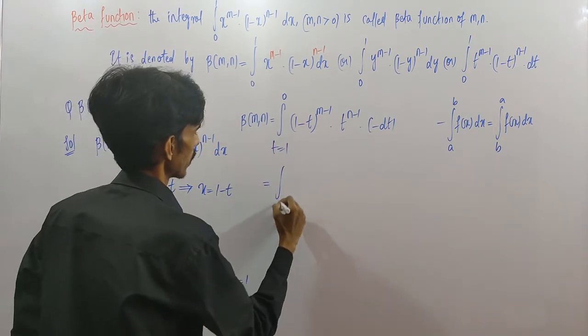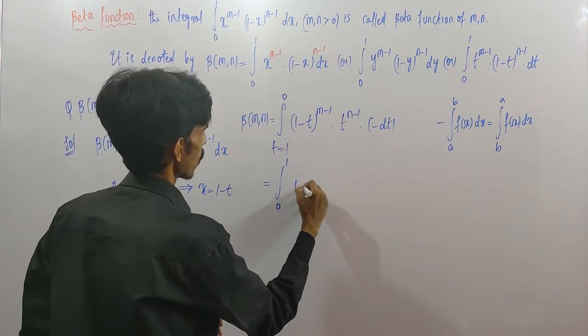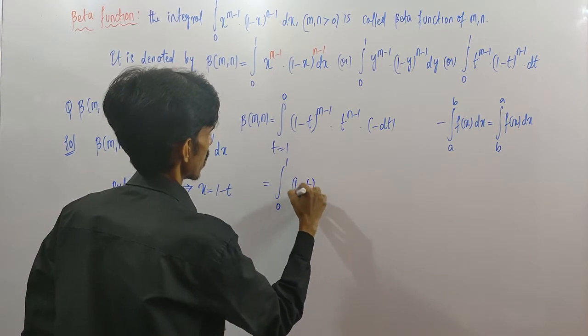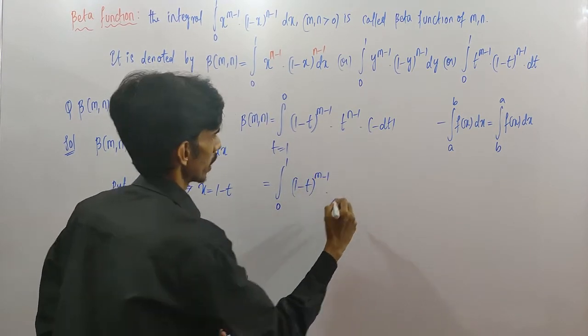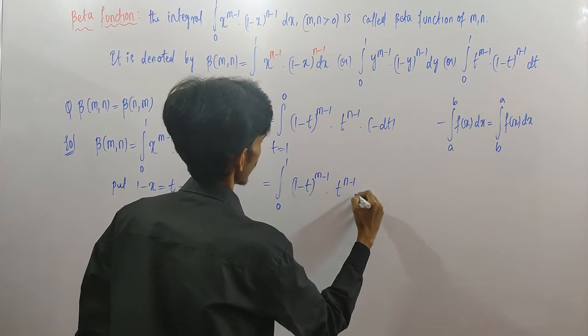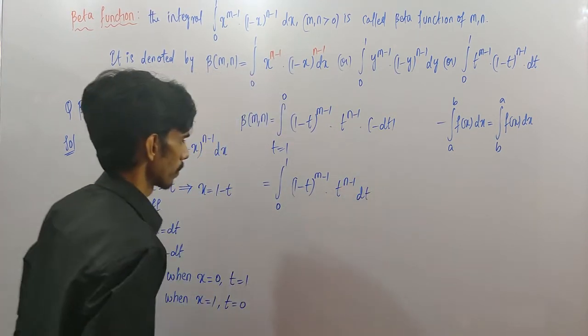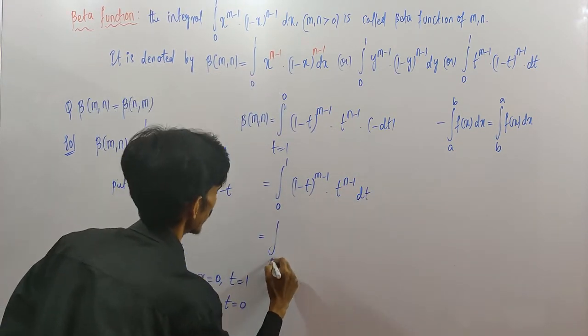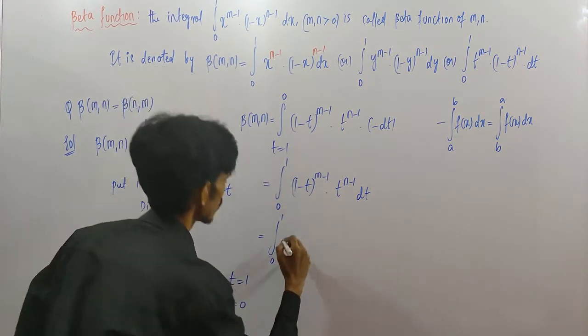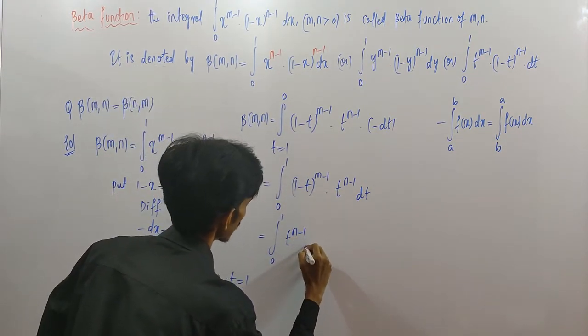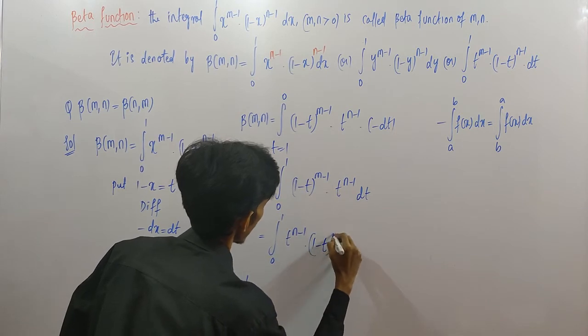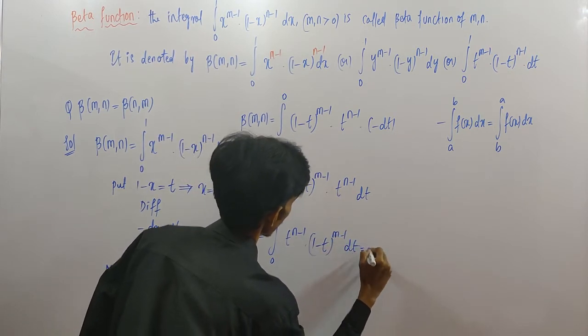So it will become 0 to 1, 1 minus t power of m minus 1 into t power of n minus 1 dt. Now this can also be written as 0 to 1. Write down this first. t power of n minus 1 into 1 minus t power of m minus 1 dt.